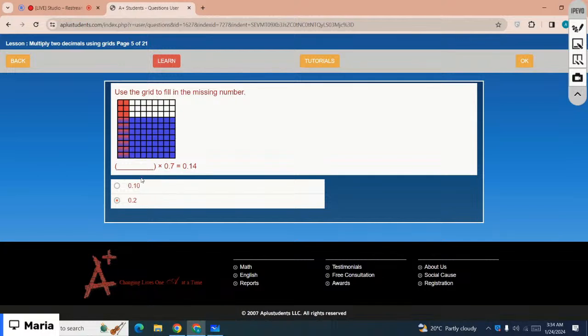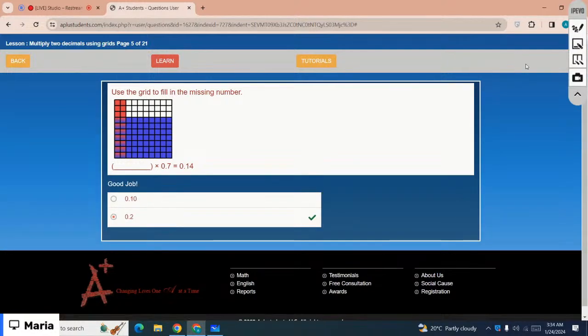You have 0.7 times 0.2, right? You can see only 2 of the lines are right, so that is 0.2. Option number 2 is the correct option.